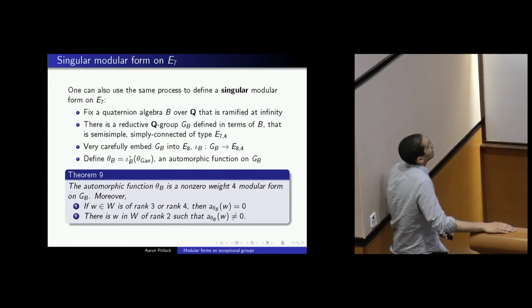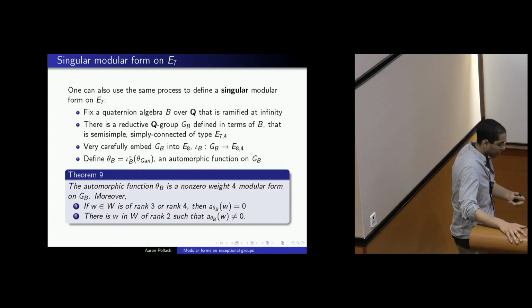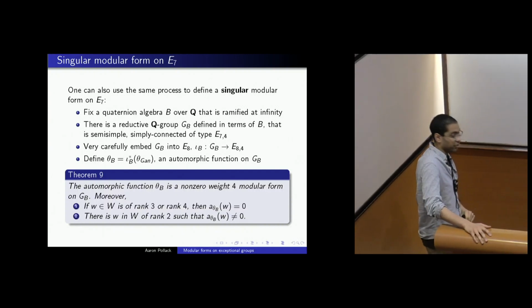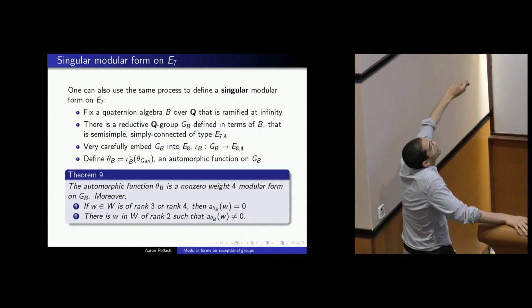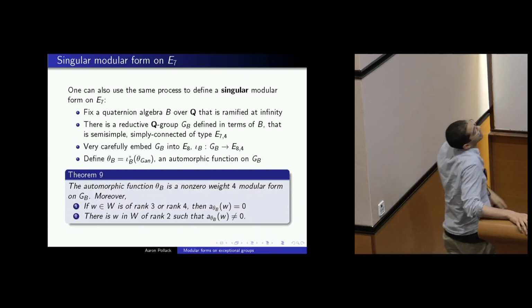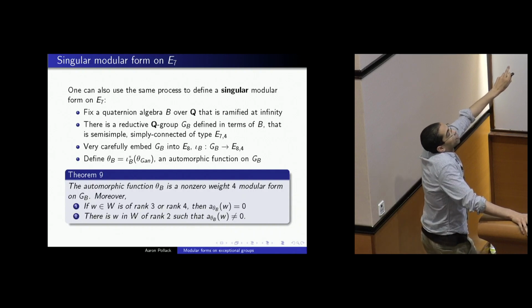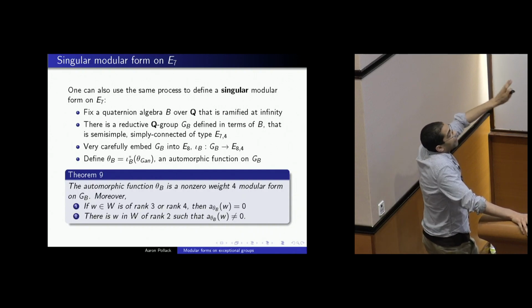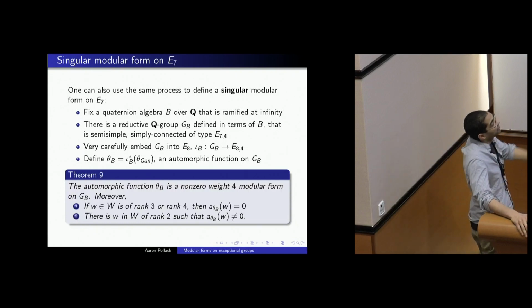And then you can also construct a singular modular form, which means that the non-degenerate Fourier coefficients are 0. Okay, so via the same process. So this time fix a quaternion algebra B over Q that's ramified at infinity. And out of that quaternion algebra, you can construct a reductive group G sub B, defined in terms of B, which is simply connected semi-simple of type E7.